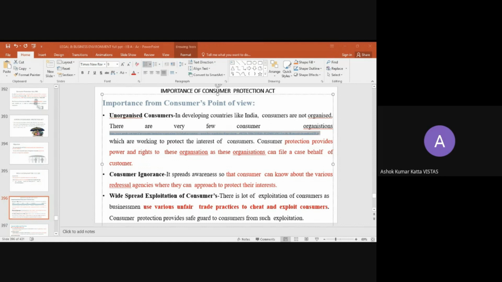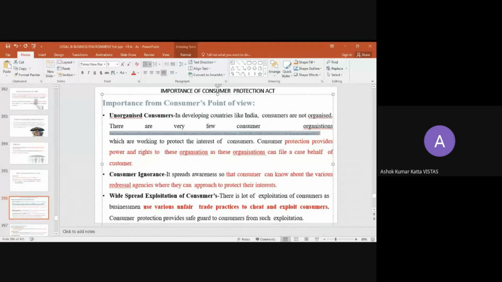If you are cheated by any company by selling a duplicate product, definitely you can approach these organizations. Definitely they will help us in a better way.